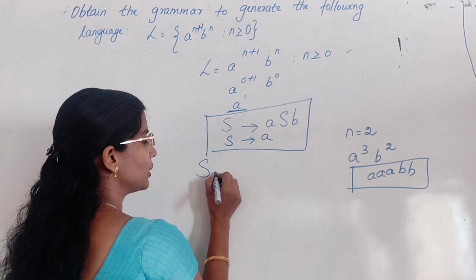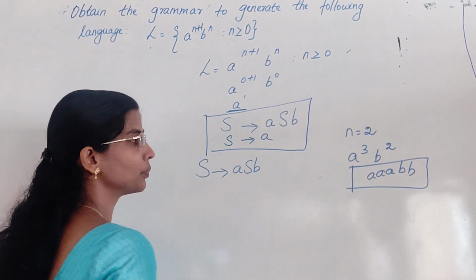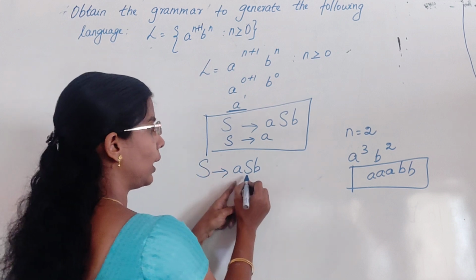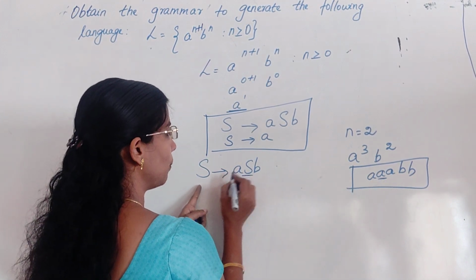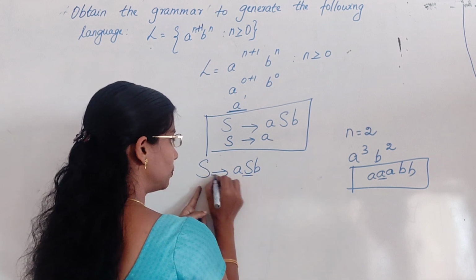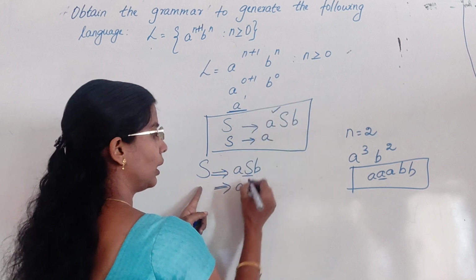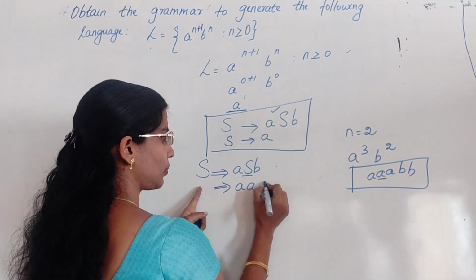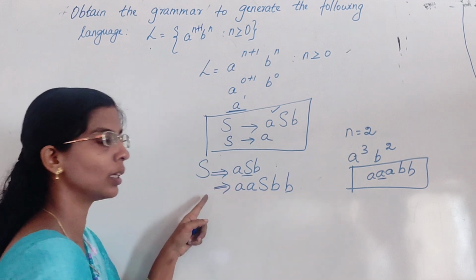So start from your start symbol. S tends to A S B. Right? So again, I need one more A, so I use the same production. In the place of S, I use this A S B. I have one more B here.